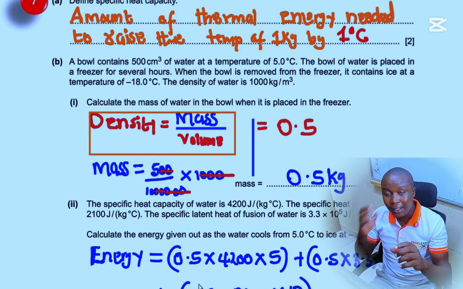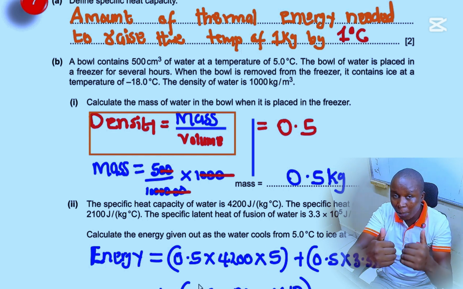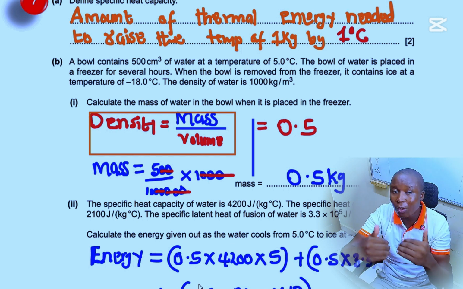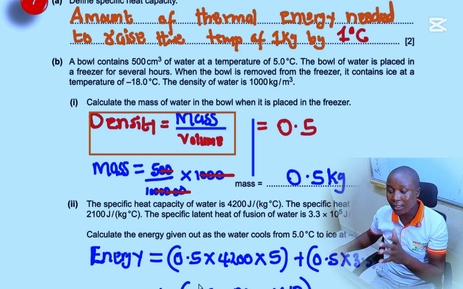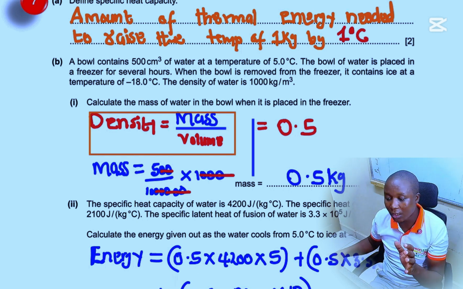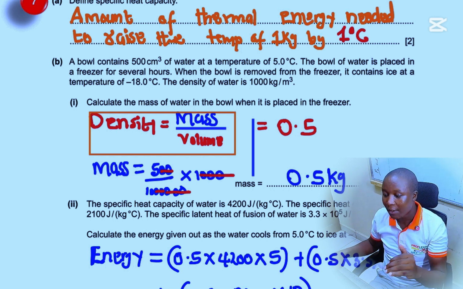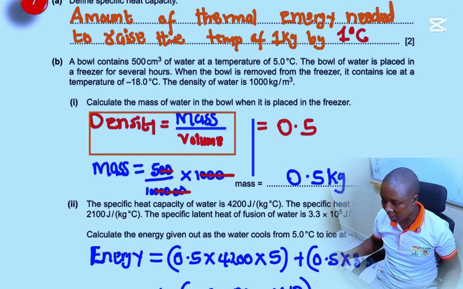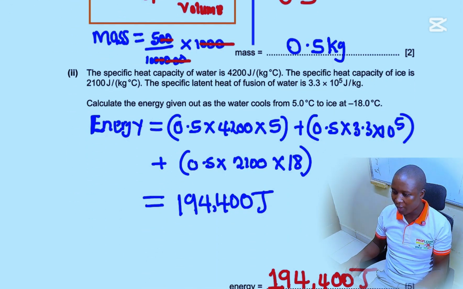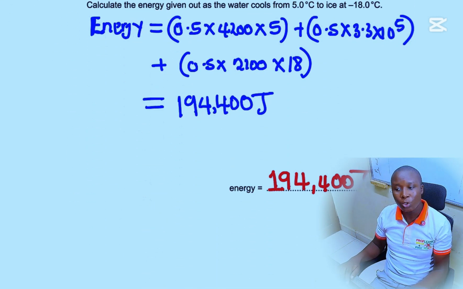Then plus, when the ice is dropping its temperature from 0 all the way to negative 18, the temperature change there will be 18. So we are going to use the mass of ice times the specific heat capacity of ice times 18. If you work it out, you are going to get your answer equivalent to 194,400 joules of energy.